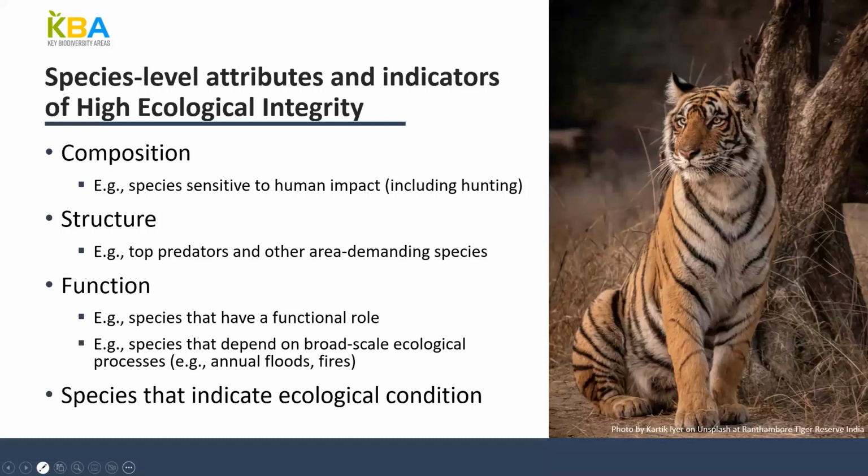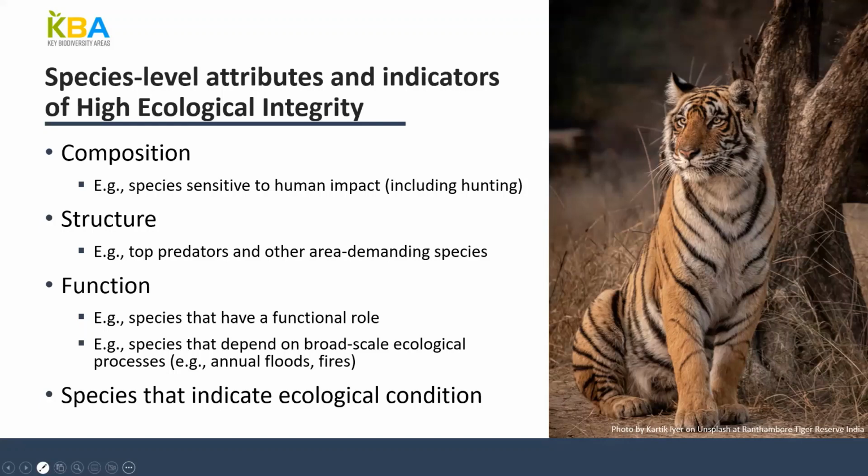To show structural integrity of the site, you can measure the population densities or distribution of the top predators or other area-demanding species.